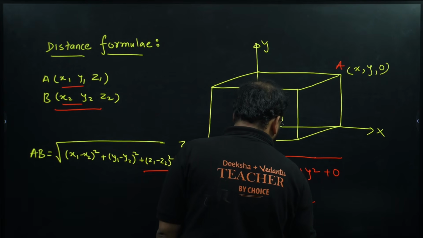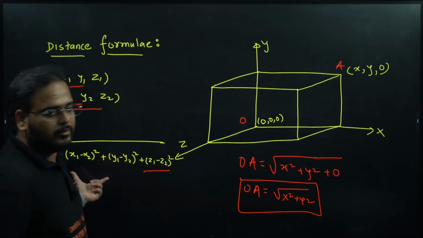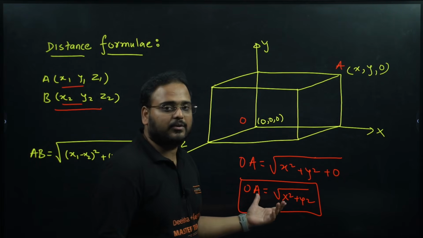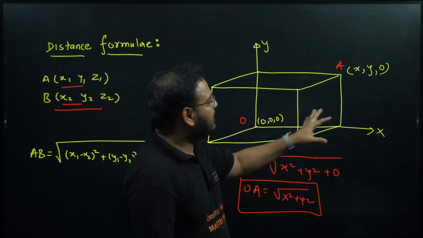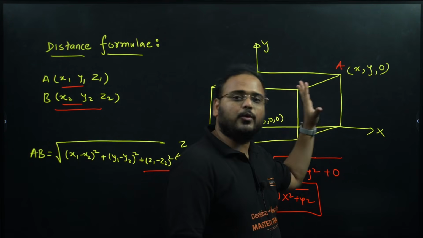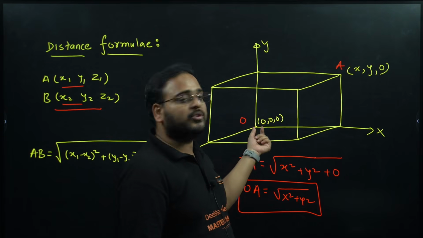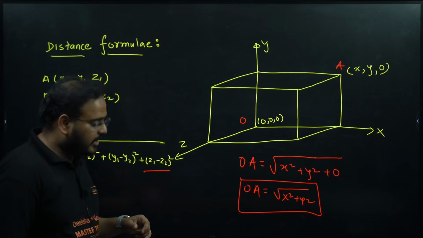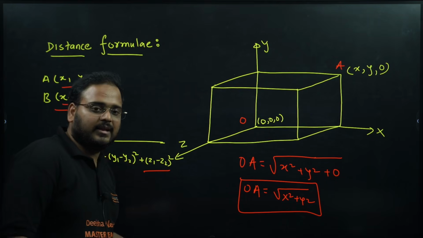This is just an example, guys. This is the concept, the formula, and this is just an example of how to deal with this particular case. Because in the xy plane we don't have any z axis, this behaves like a 2D plane itself, and the origin has coordinates 0, 0, 0. You get the answer as the square root of x square plus y square as the length OA.